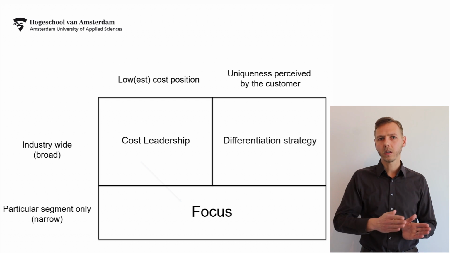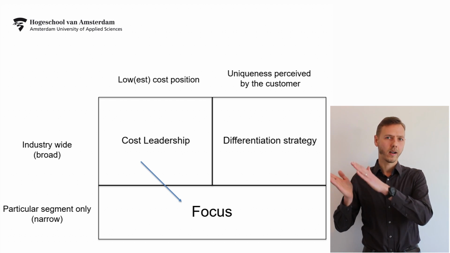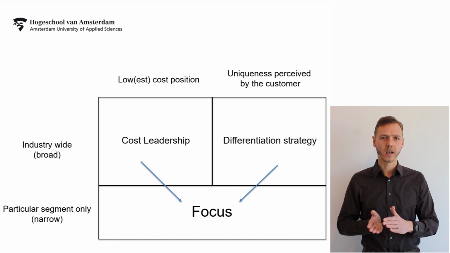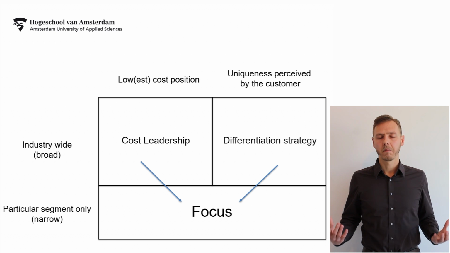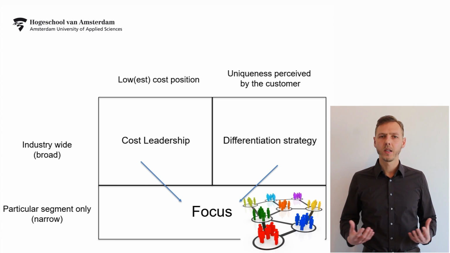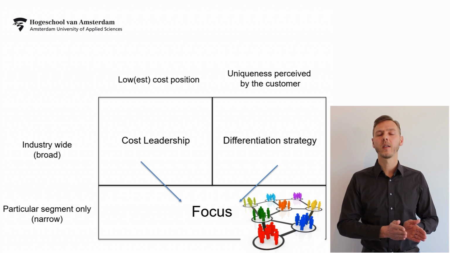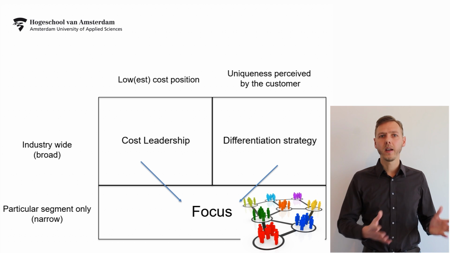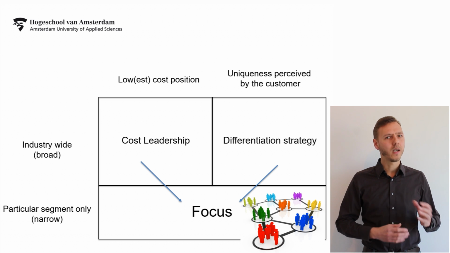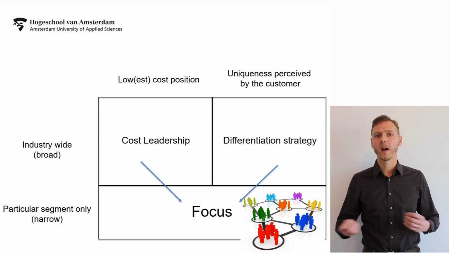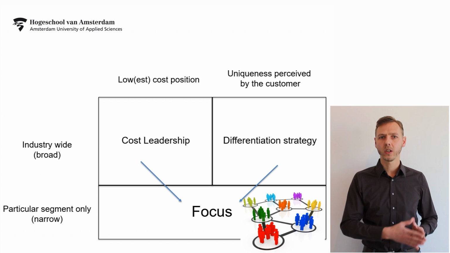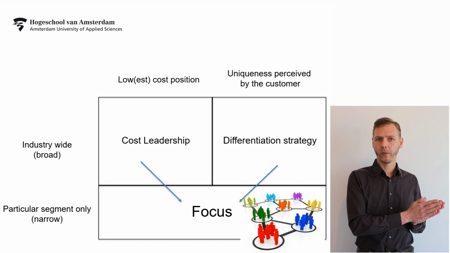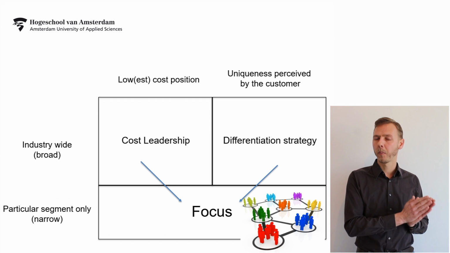Now on the bottom you see the focus strategy. You can have a cost focus strategy or a differentiation focus strategy. Or, in other words, you can try to focus on a niche market. A niche market is a small part in the market that you found, that you think is not being served really strongly by the competitors. Let's focus on that type of customer or that certain part or group.